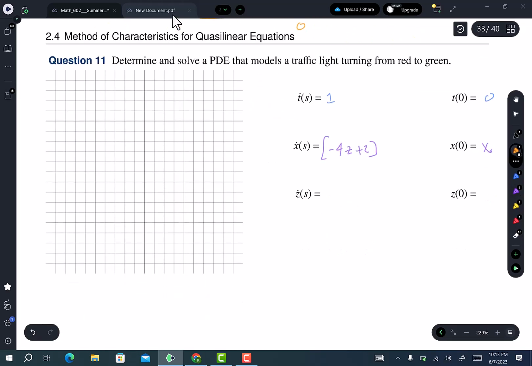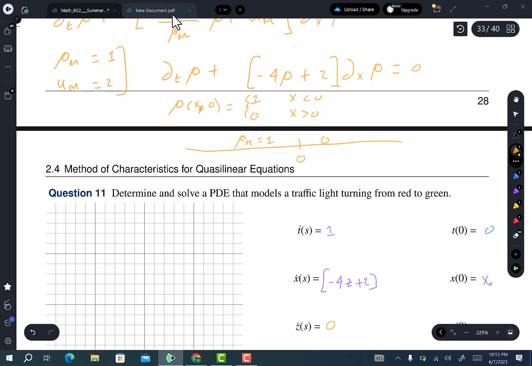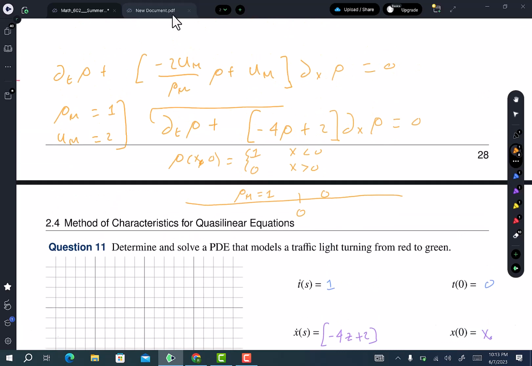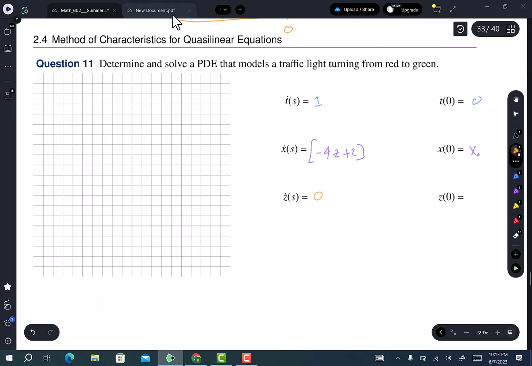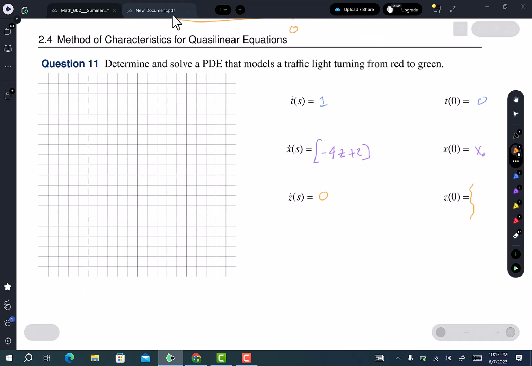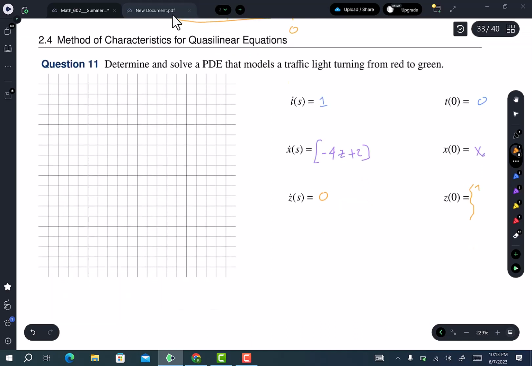And finally, z dot of s is going to be equal to 0, as always, with z of 0 being the initial condition, which is either 1 if x naught is less than 0, or 0 if x naught is greater than 0.